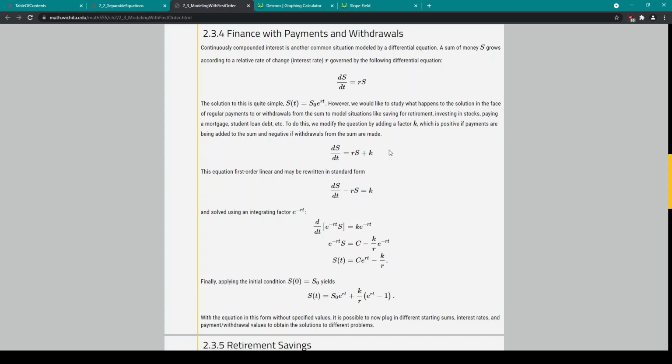k is a positive number if you're adding money, so it's a savings account. k is a negative number if it's a bill that you're trying to pay down. And what you're fighting against or working with, depending on the situation, is the exponential growth part of the problem.